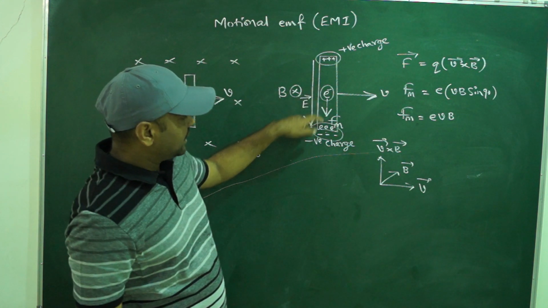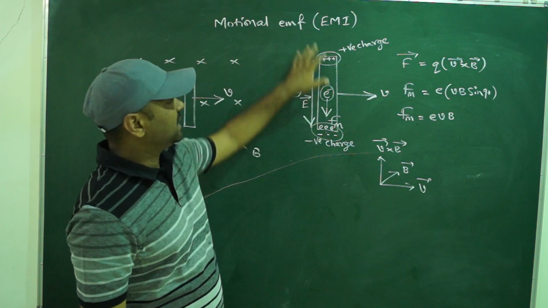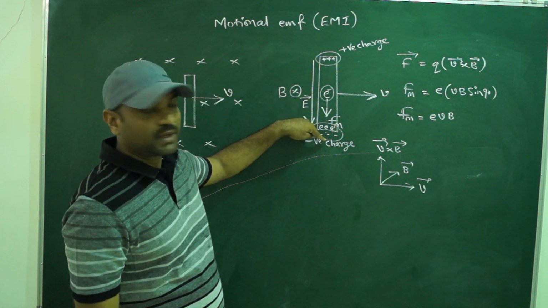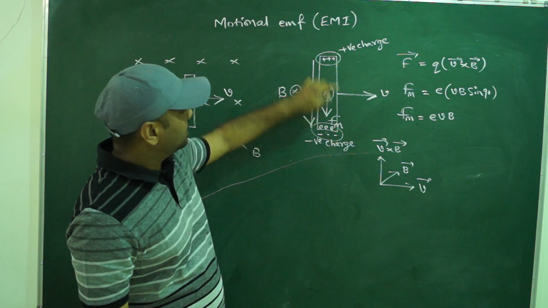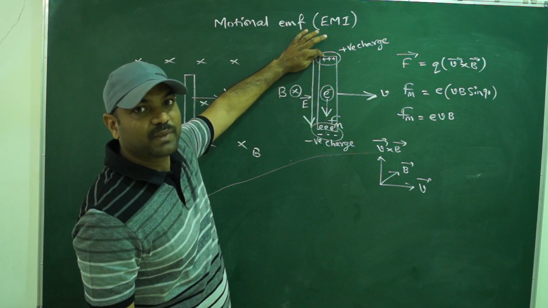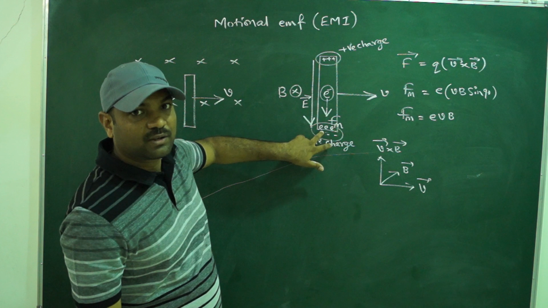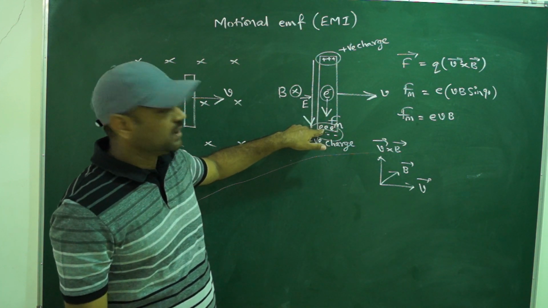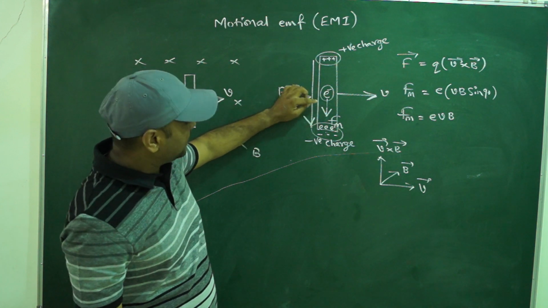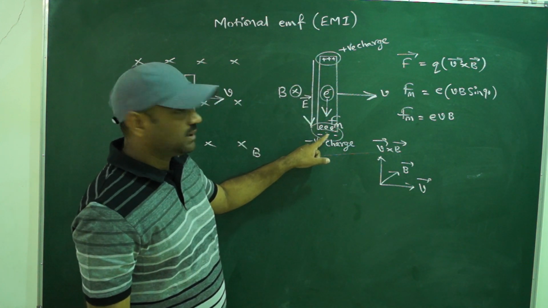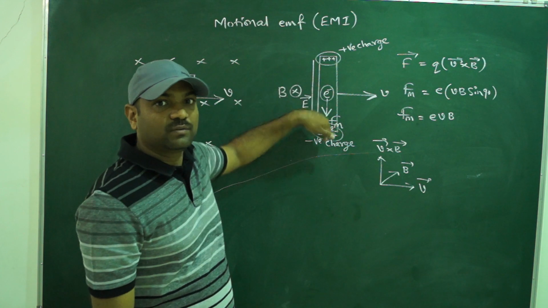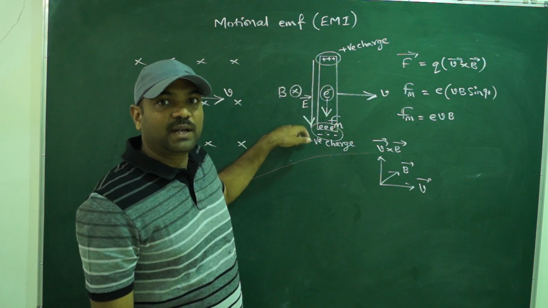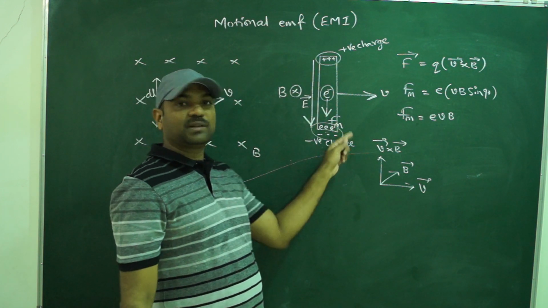When the first electron comes, we have minus e at the bottom and plus e at the top. When the second electron comes, we have minus 2e at the bottom and plus 2e at the top. The second electron experiences repulsion by the first, but that repulsion is less than the magnetic force. Likewise, the third electron experiences repulsion by the two electrons already settled at the bottom.